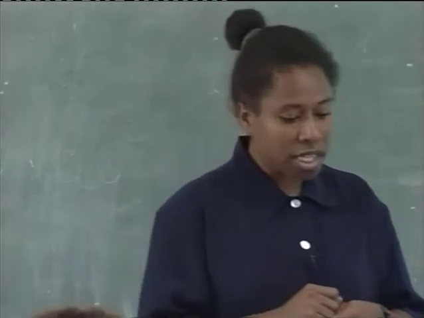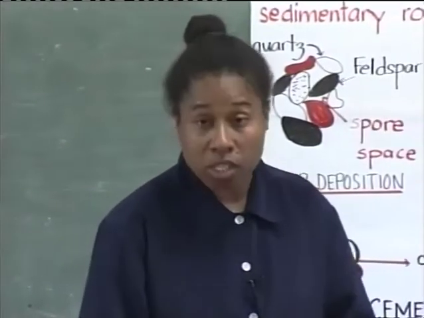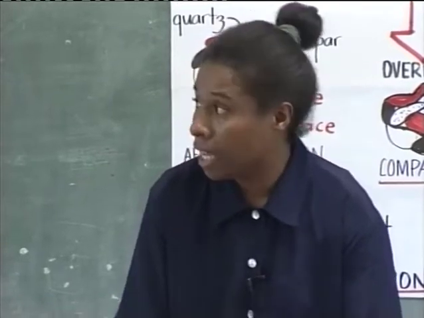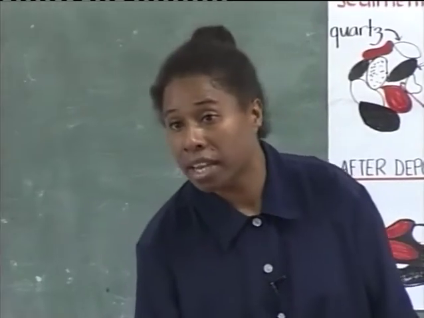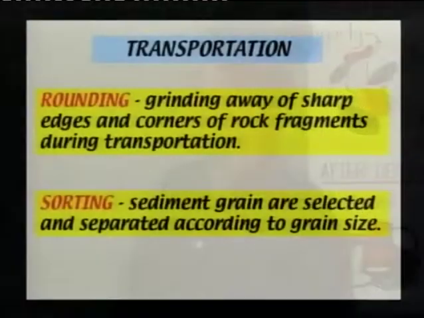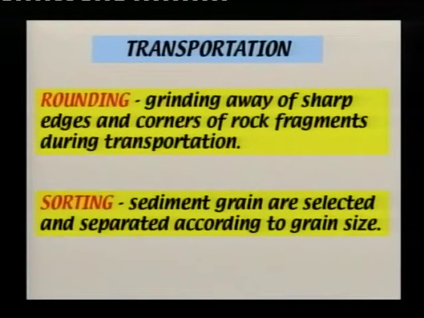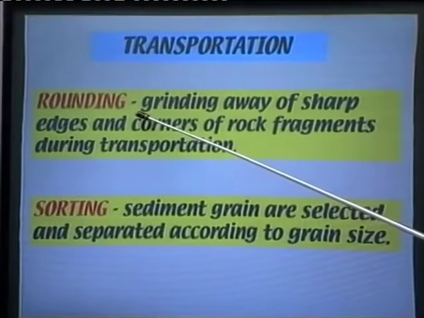The first is rounding, which comes together with transportation. Rounding has mainly to do with the grinding away of sharp edges and corners of rock fragments while they are being transported.